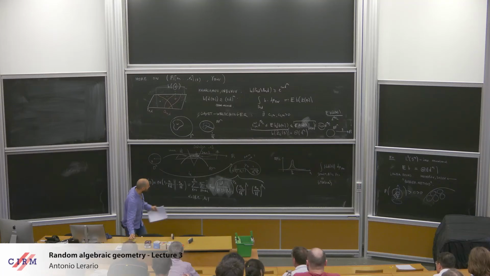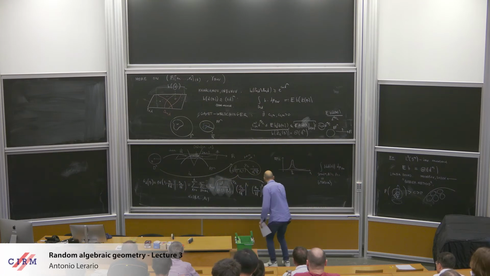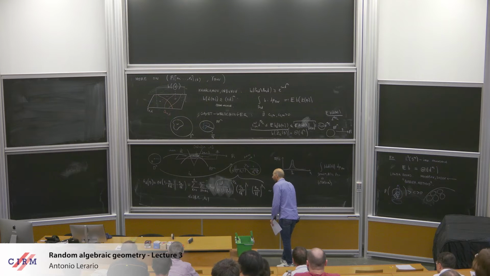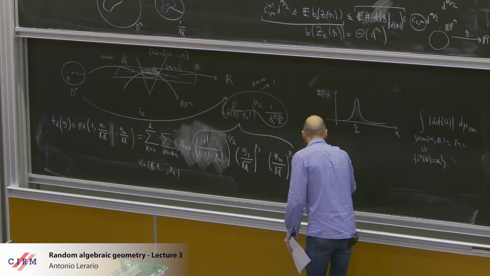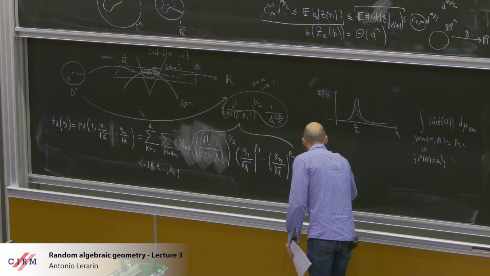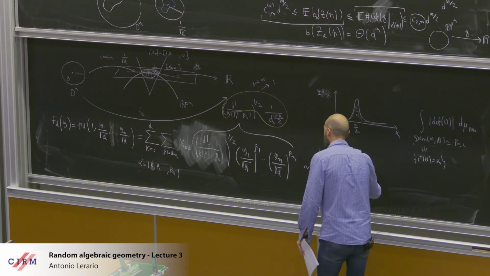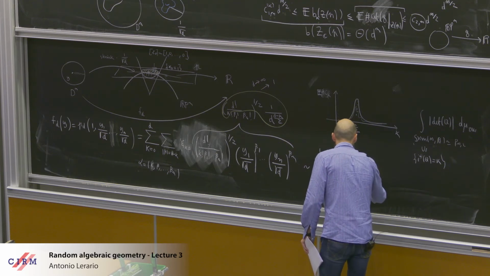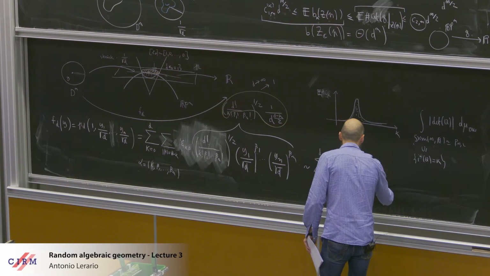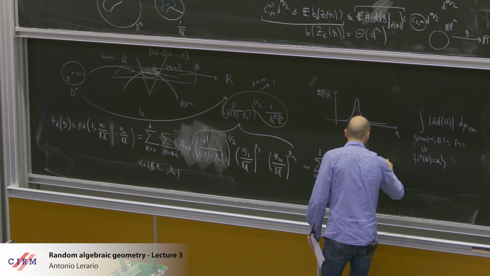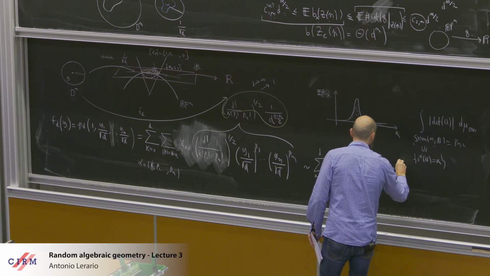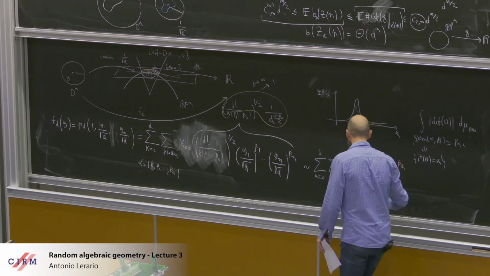So that means that your polynomial behaves as something like the sum over k from 0 to d, and then the sum over beta of length d minus k of some Gaussian variable times 1 over beta 1 factorial, beta n factorial, y1 to the beta 1, yn to the beta n. There is no d anymore here.